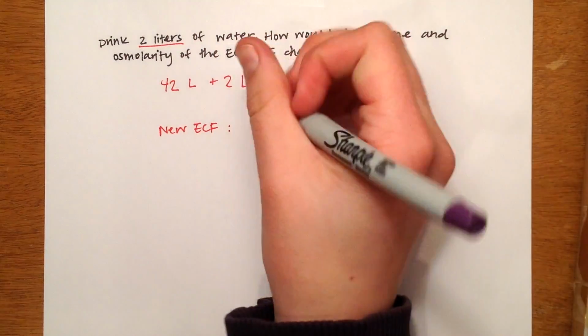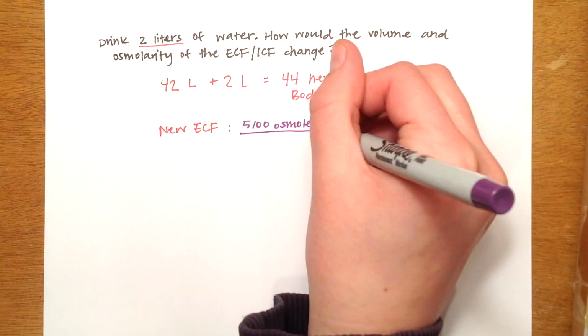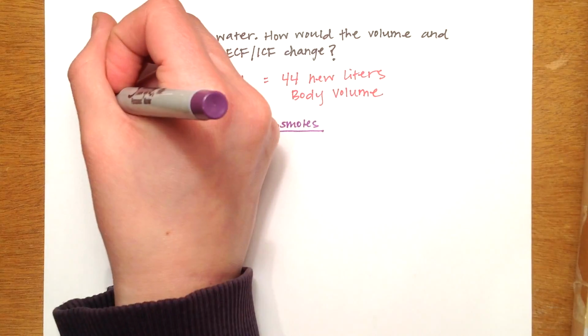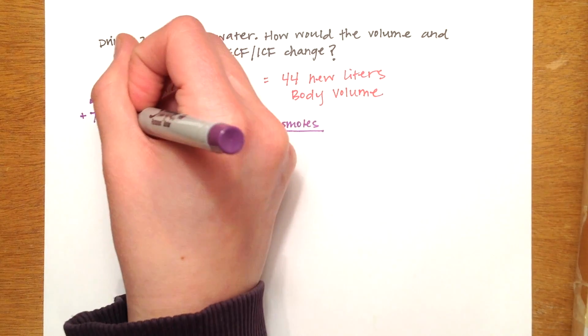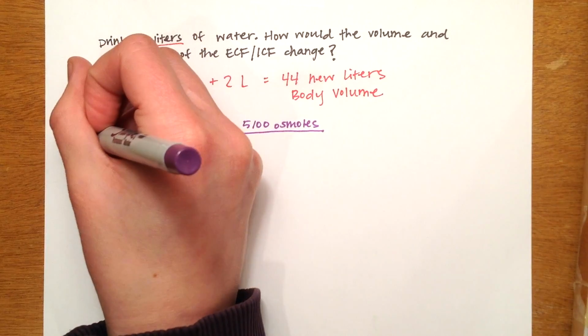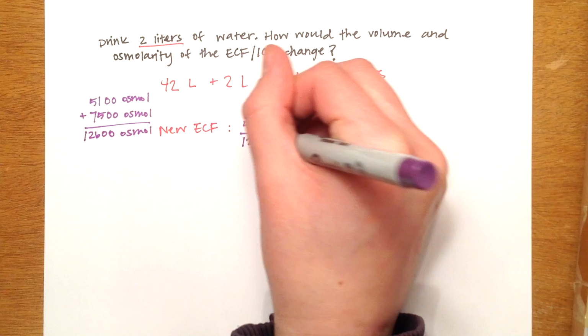Then we'll figure out the new ECF volume by taking the 5100 osmoles and dividing it by the total 12,600 osmoles. So that's adding the ECF and the ICF together to get that total 12,600 osmoles.